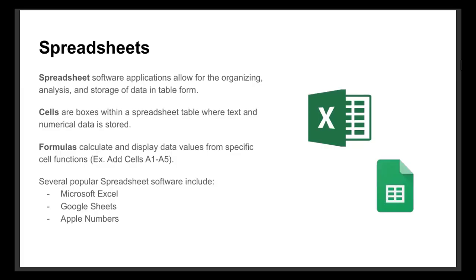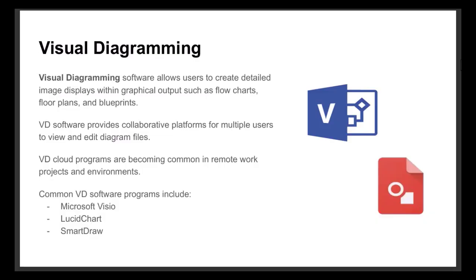The next productivity software type is visual diagramming. Visual diagramming is software that allows users to create detailed displays for things such as graphical output, flowcharts, and blueprints. Visual diagramming software allows us to incorporate collaboration.